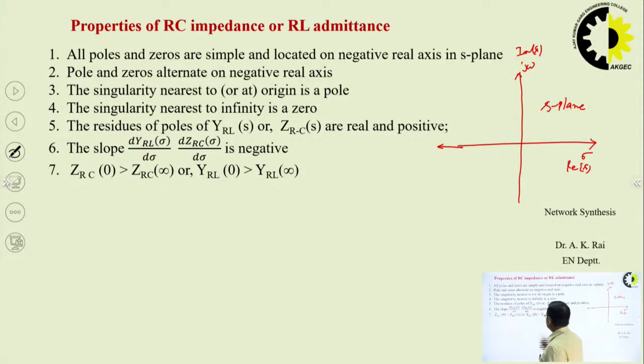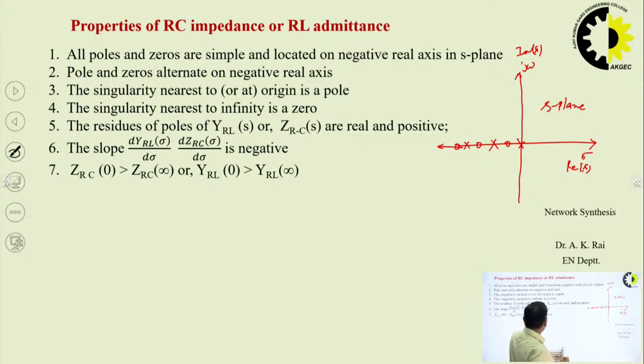The singularity nearest to origin is a pole. So here we can have pole here, then 0, then pole, then 0, then pole, then 0, and so on. So singularity nearest to origin is a pole, and singularity nearest to infinity is a 0.